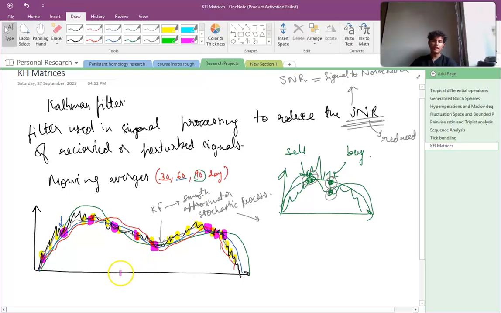So clearly you can see that the moving averages intersect much less frequently than our Kalman filter. And so, we study each of these graphs. How do we detect an intersection?